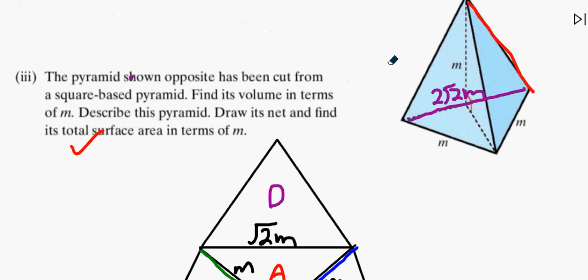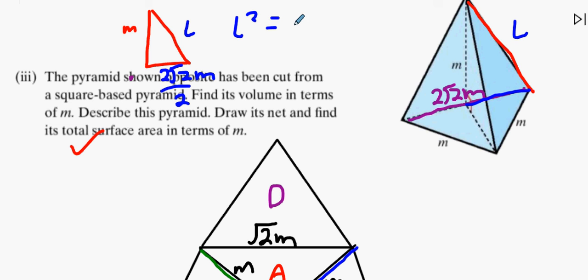What can we say about the red line, lads? What do we know about the height? It's m. What do we know about this blue distance here? 2 root 2 over 2 m, isn't it? And call this L. So what can we say then? L squared equals m squared plus 2 root 2 over 2 m.